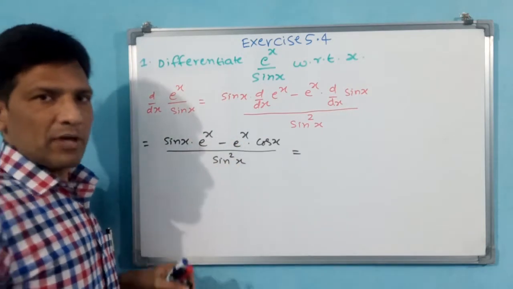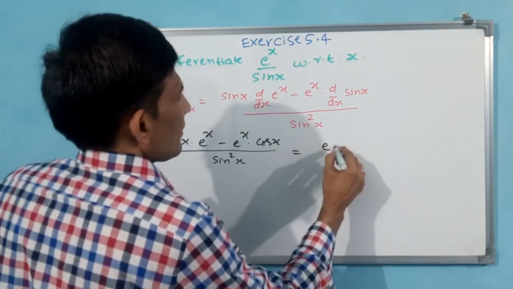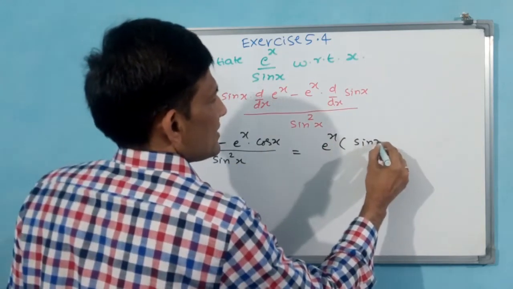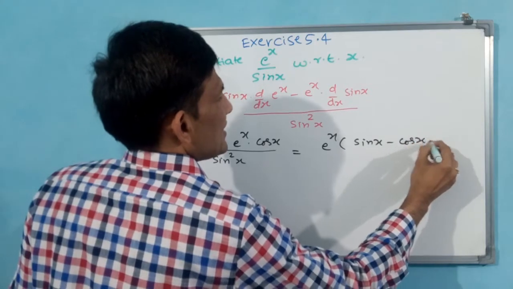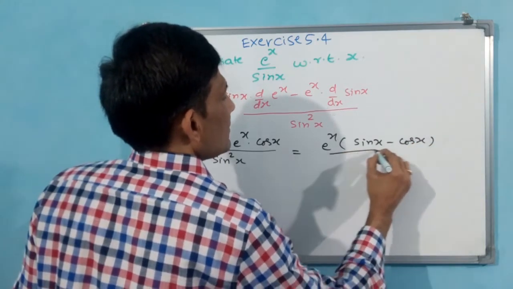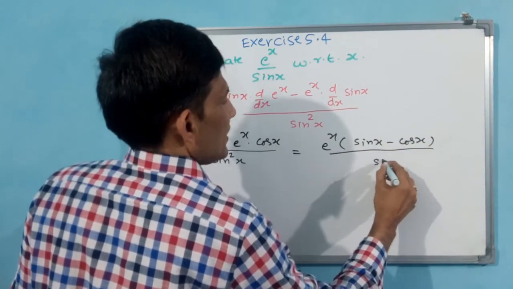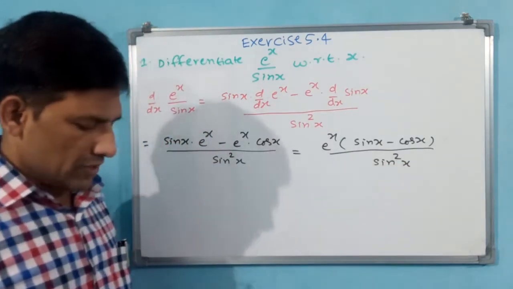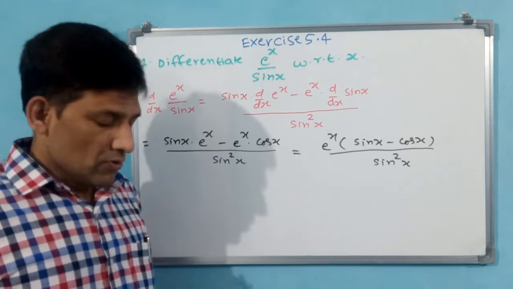Shall I take e power x common? e power x into sin x minus cos x, over sin square x. Okay. Is it over?